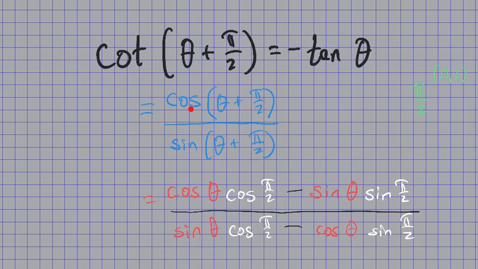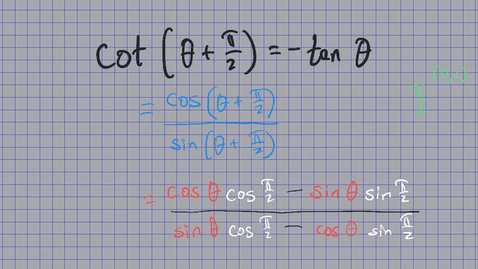Then, because we have the cosine of the sum of two angles, we're going to use this identity, which should look familiar: the cosine of the first times the cosine of the second minus the sine of the first times the sine of the second.